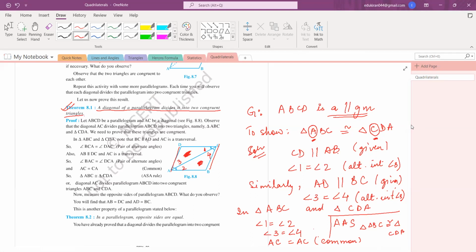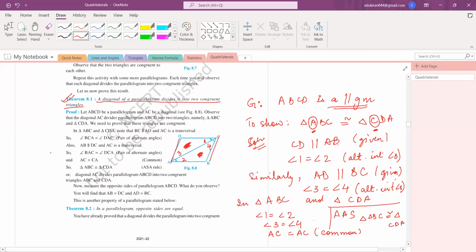Okay, let's move to theorem number 2. Now, what does it say? Write the statement first of all, theorem 8.2. It says that in a parallelogram, opposite sides are equal. Write this, then we will show it.